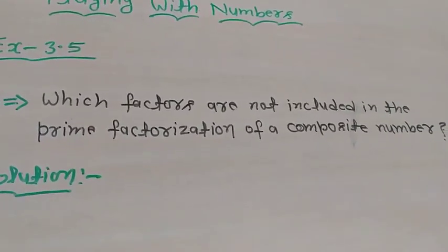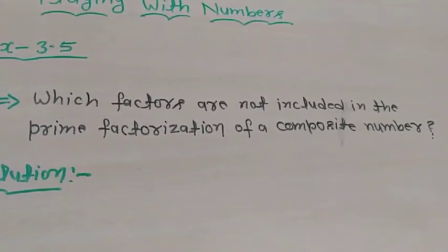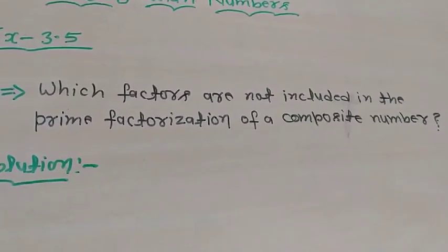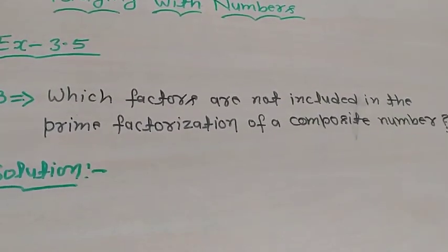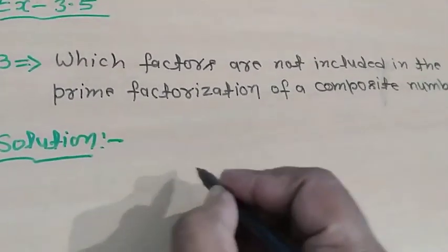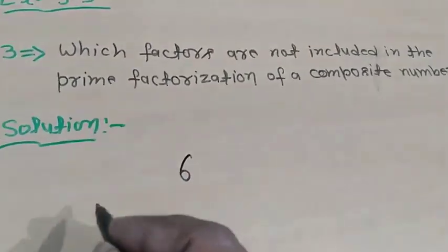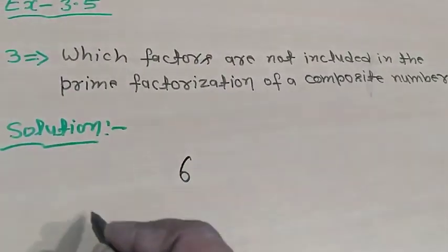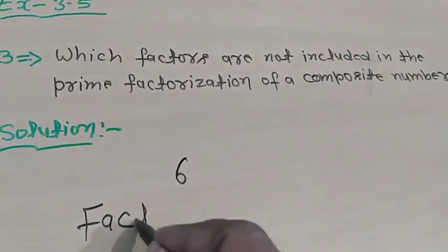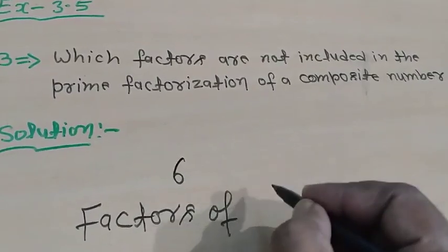The question is here, which factors are not included in the prime factorization of a composite number? First we find the factors of a number, and after this we find the prime factorization of that composite number. Okay, so let's take 6. This is a composite number. Okay, so first we find the factors of 6.